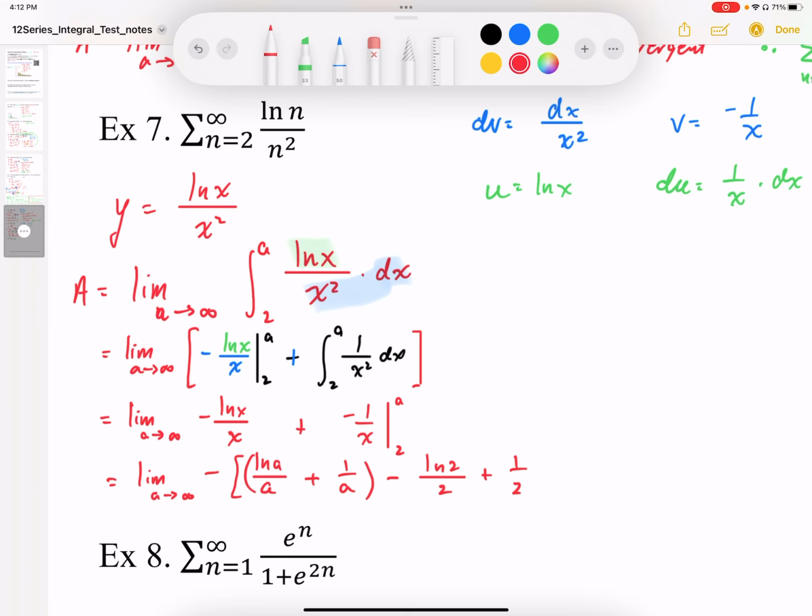So maybe I'll just make sure you're clear where that negative comes from. I've taken the negative out of this expression. I've put it in brackets here, and I put a negative in front. So that's where that negative came from.